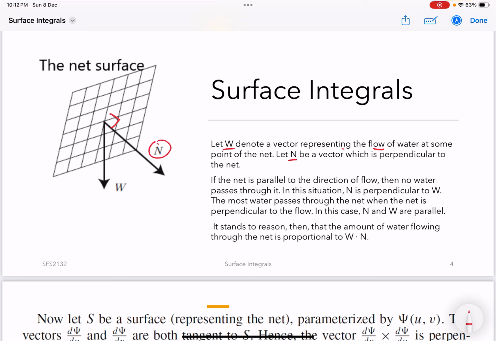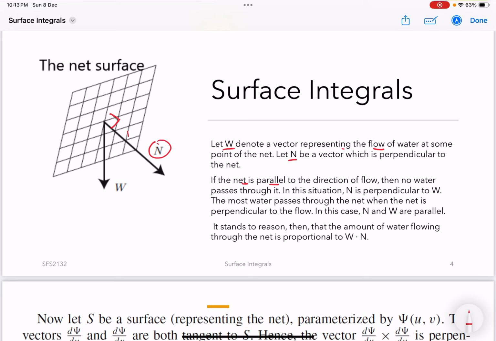W, to make this example easy, is on the surface, in the same direction as the surface of the net. If the net is parallel to the direction of the water flow, then no water passes through it. How can I visualize it?